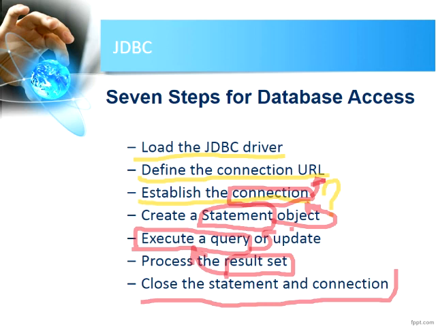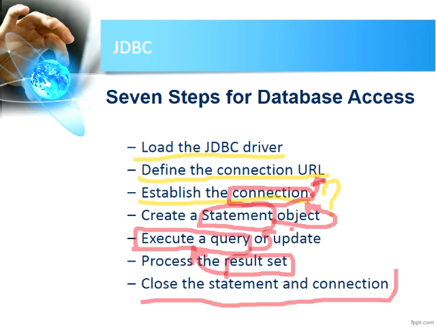After that, we will create a statement, and to create this statement object, we will use the connection object. After that, we will execute a query or update, and to execute this query, we will use the statement object. After that, we will process the result of this query.